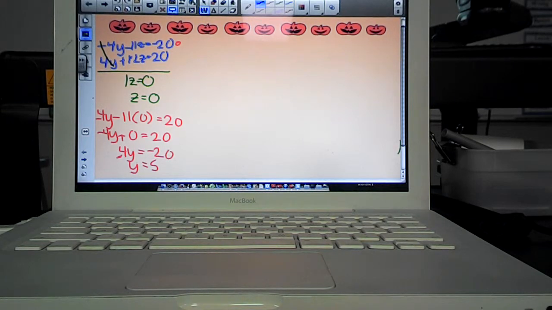So putting z and y back into the original equation, I'm going to choose 2x minus 10y plus 3z equals negative 20. So it is 2x minus 10 times y plus 3 times 0 equals negative 20.